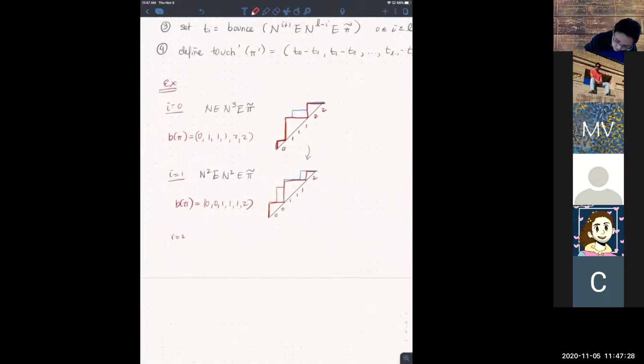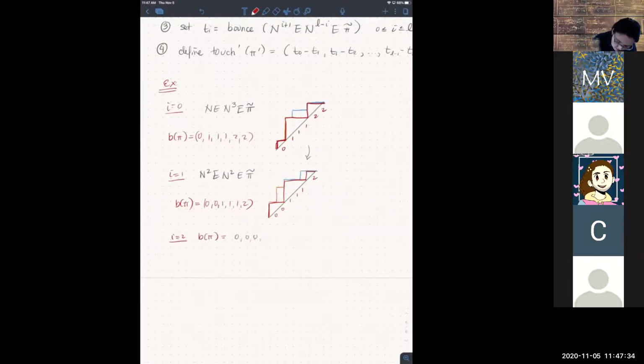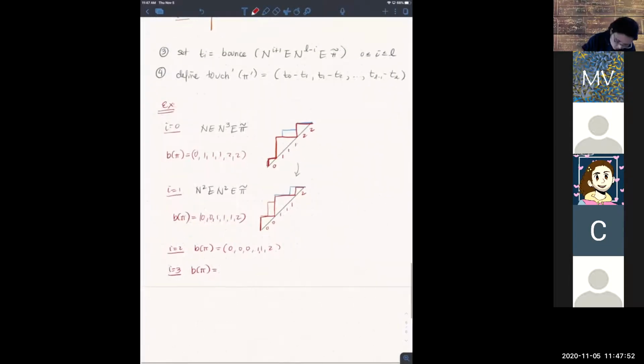For i equals 2, you get b of pi equal to 0, 0, 0, 1, 1, 2. And then for i equals 3, and I encourage you to just do this on your own. It's not very hard, but it helps you understand. And then for i equals 3, you're going to get b of pi equal to 0, 0, 0, 0, 1, 1.